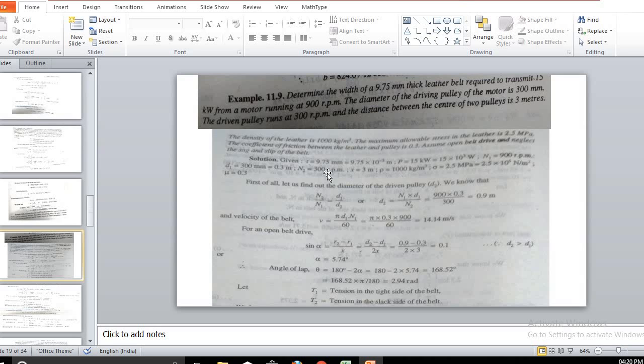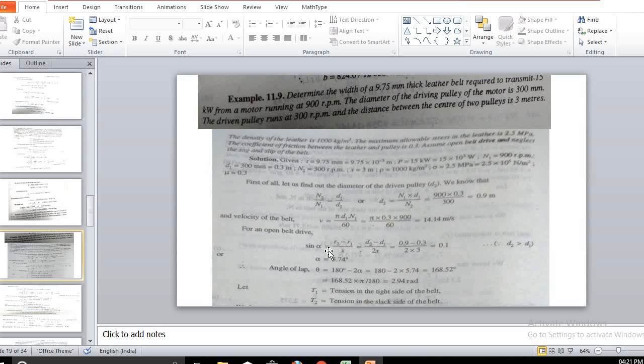The coefficient of friction between leather and pulley is given as 0.3, and then they ask us to determine the width of that particular belt having thickness 9.75 millimeter. So t is equal to 9.75 millimeter.